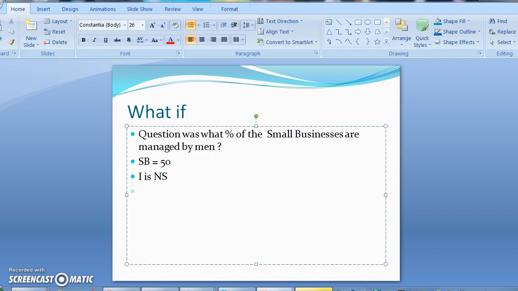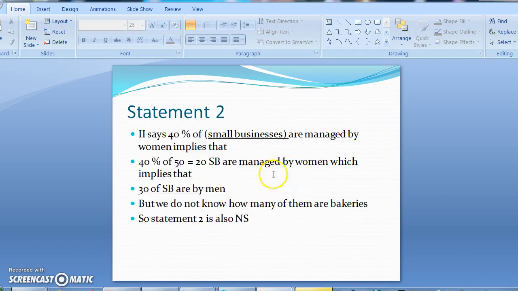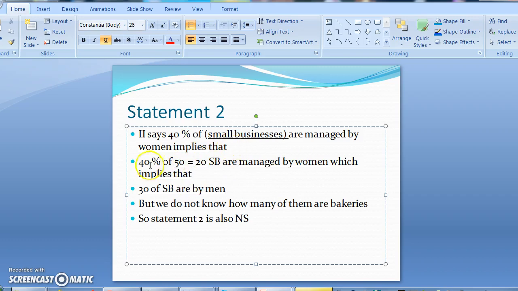Let's look at statement 2. Now pay careful attention. We said 40% of the small businesses are managed by women, which implies that 40% of the 50 is 20 managed by women, therefore the remaining 30 obviously are run by men.